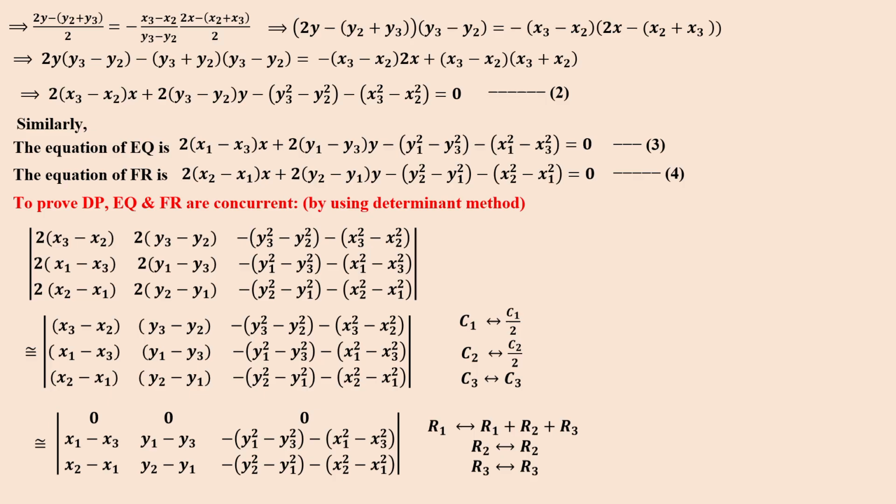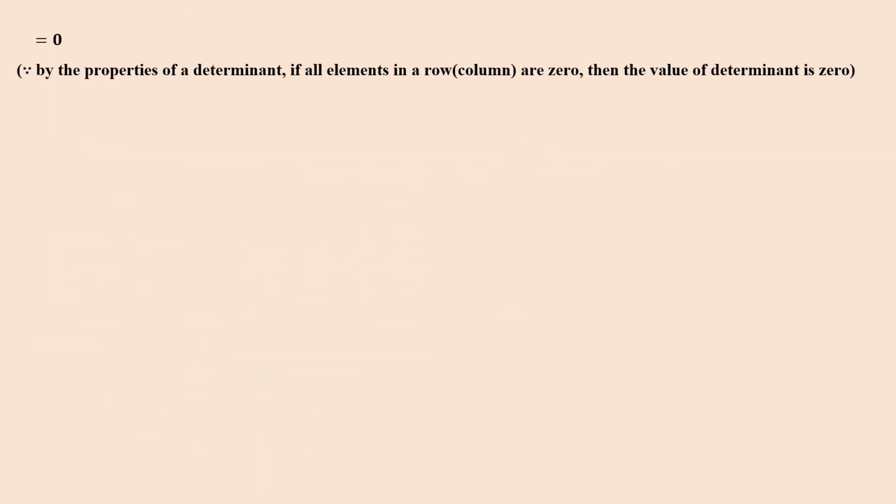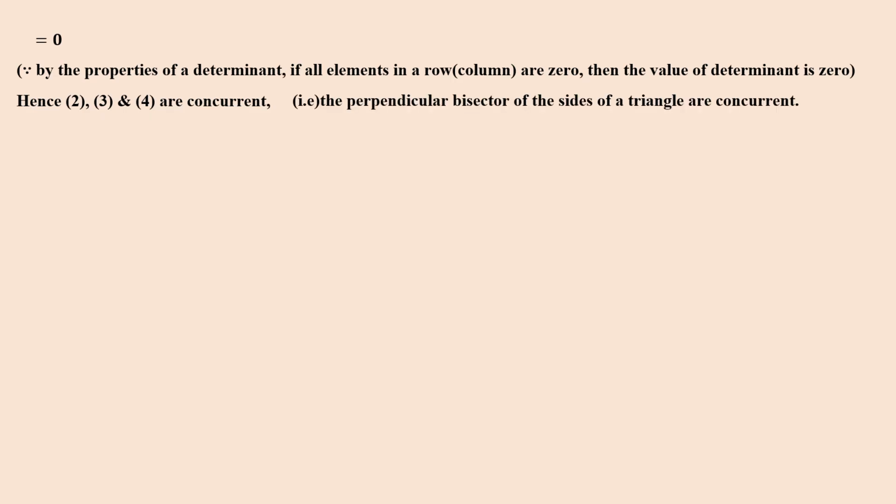In the first row, you will get 0 because x3, x1, x2 minus x1, x2, x3 cancel. Similarly for the second column and the third column, you will get y1 square minus y1 square, y2 square minus y2 square, like that. So a complete row is 0, therefore the determinant value is 0 by the property of determinants. Therefore, the perpendicular bisectors of the sides of the triangle are concurrent.